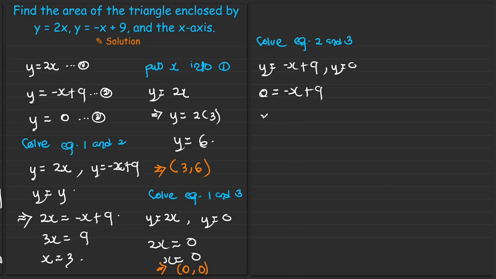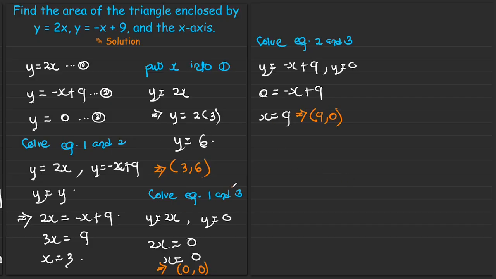Making x the subject, we have x being equal to 9. So the coordinates we have here are (9, 0). With this, we have all our points to be able to solve.